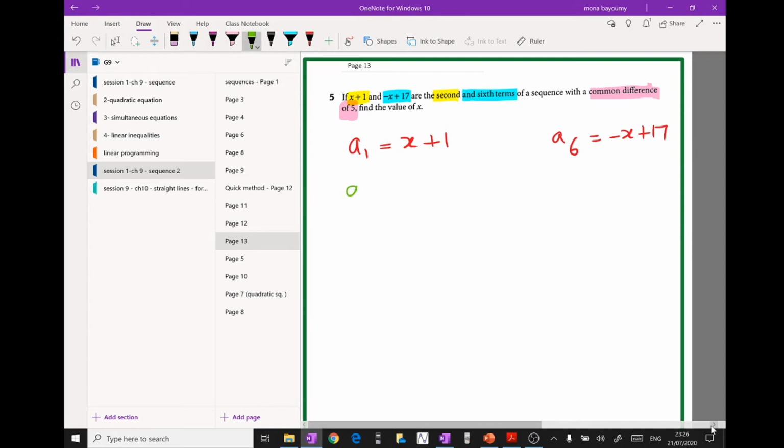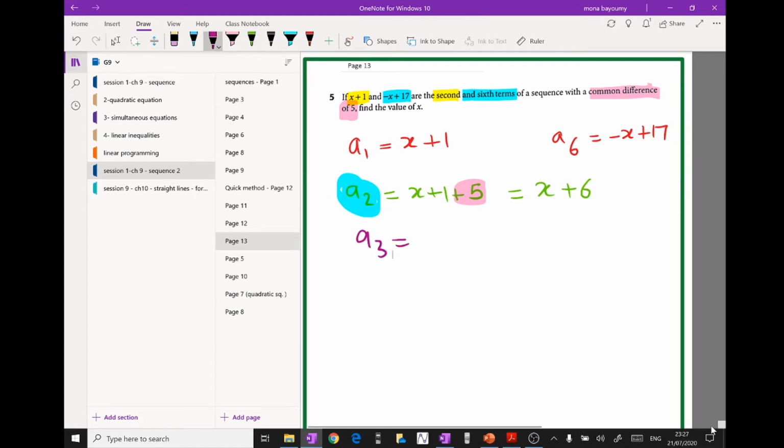Here A2 equals x plus 1 plus 5. 5 is the common difference. So the answer is x plus 6. So this is the second term. Okay, we want to complete, so I have to find A3.